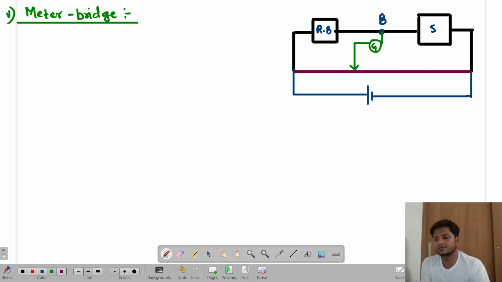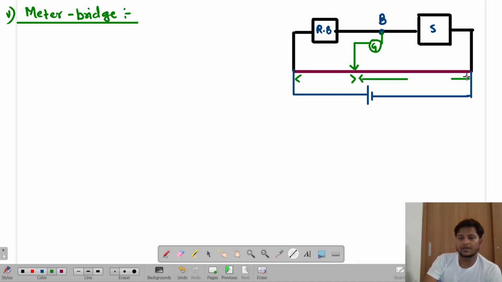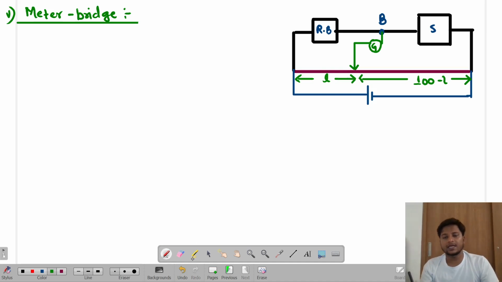So let's suppose this length is L, and this is in centimeters. We need to remember that this is in centimeters. So I have L and 100 minus L, and some potential of the battery is given to you. Are you able to get me or not?